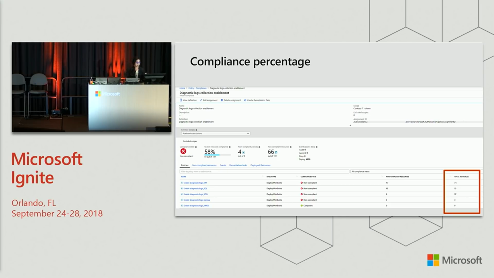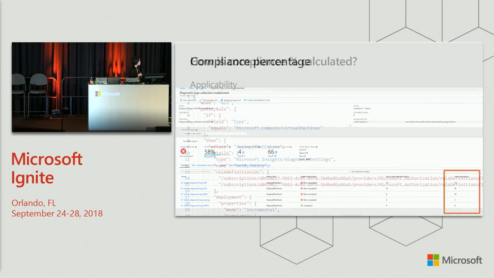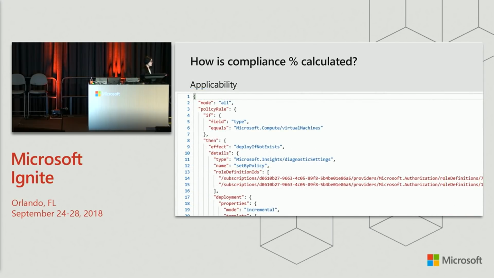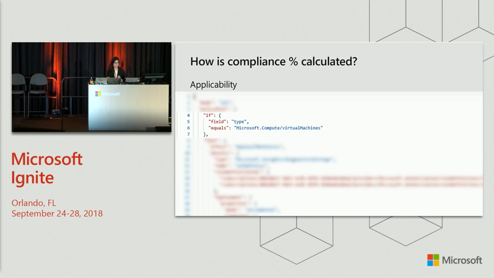And so in this example, I have 74 virtual machines and 10 SQL databases. So how do we get the number? You may not care. Hopefully, it'll just work like magic, that you never have to think about it. It's completely intuitive. But just in case you're interested, the way that we run applicability is that we actually evaluate the policy twice.